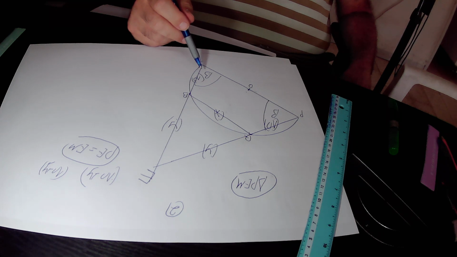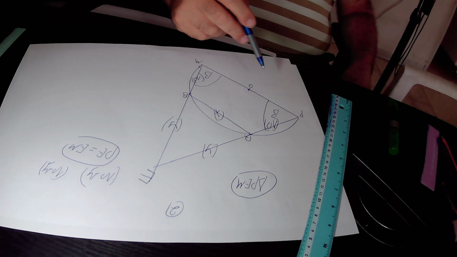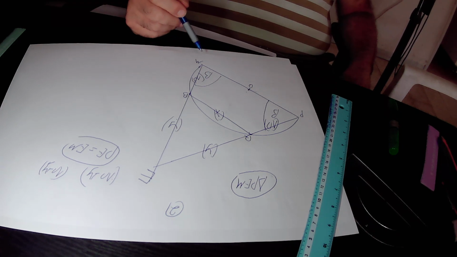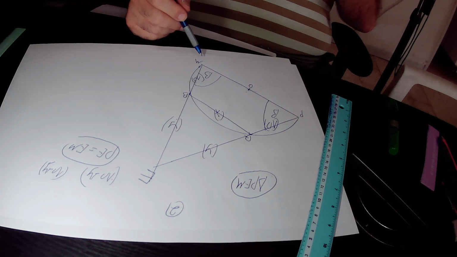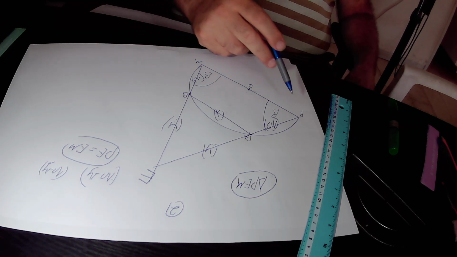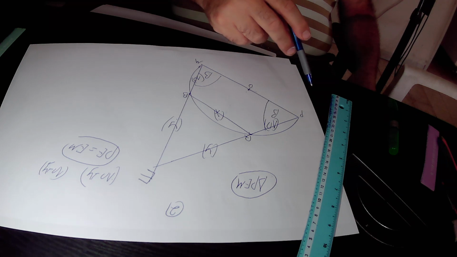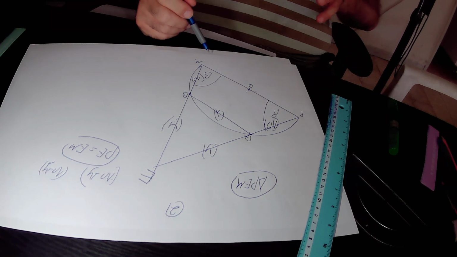If we complete this semicircle to a circle, then this quadrangle PQBM will be inscribed by a circle.